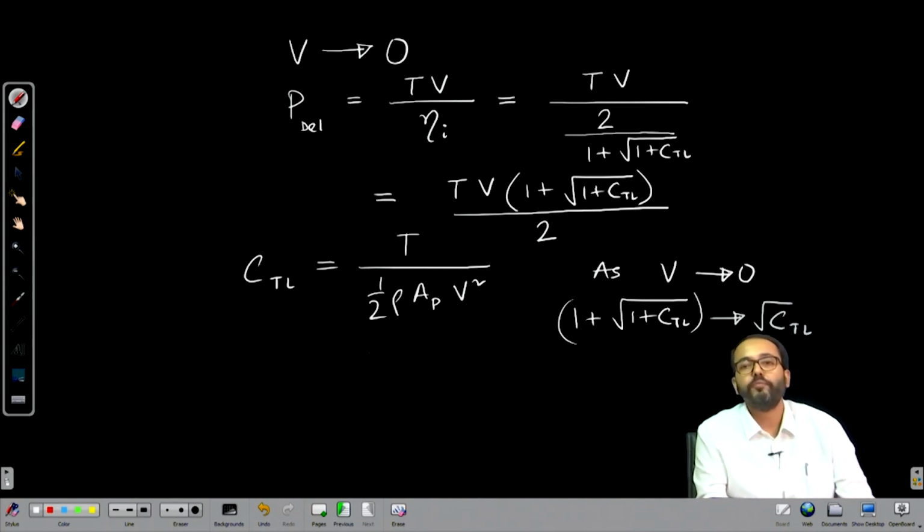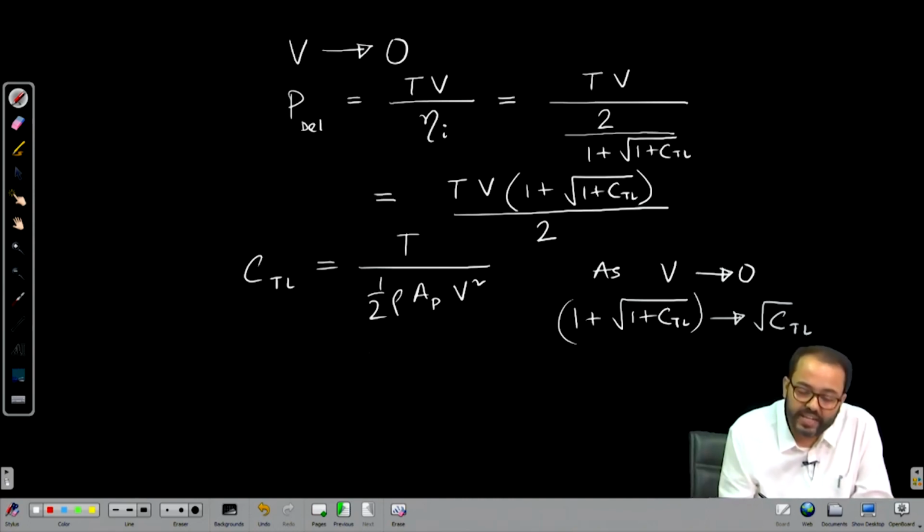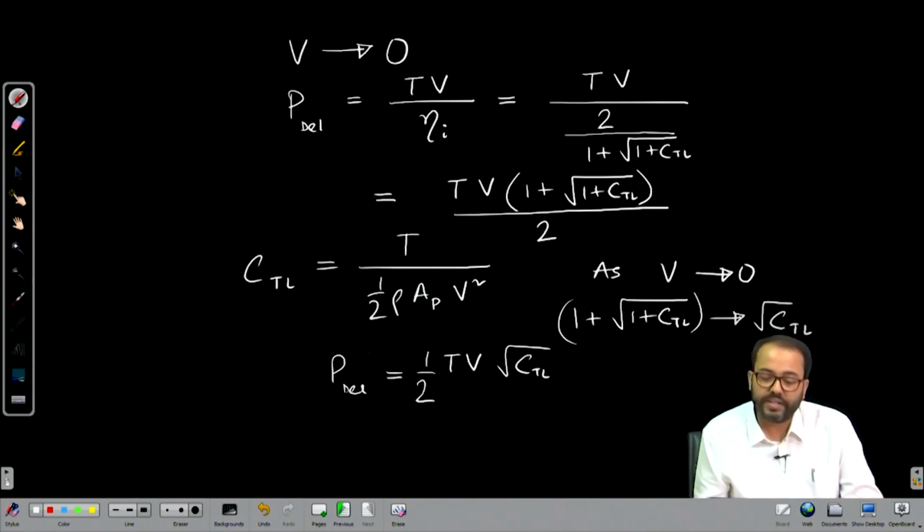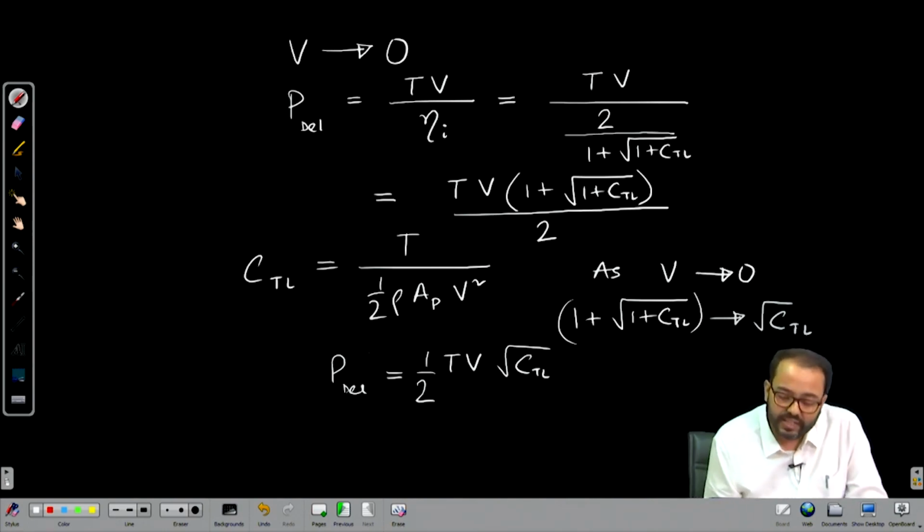This is a small trick we need to do to cancel out the velocity component, so that we will be able to relate the thrust to the delivered power. Okay. So, we write the same equation, P delivered will be T V into root over CTL by 2.